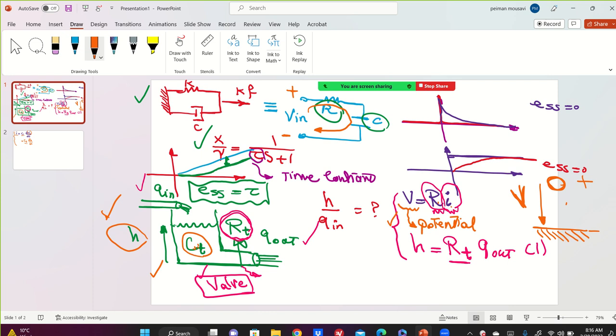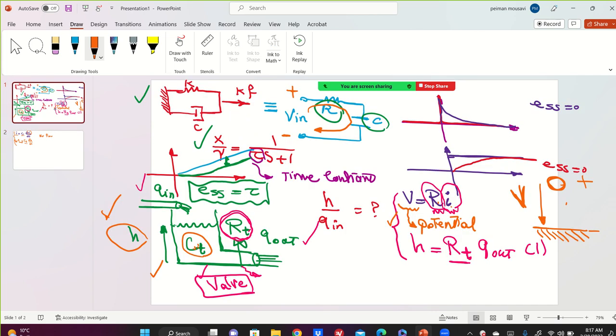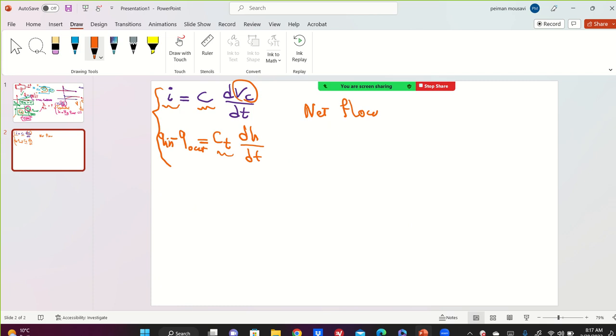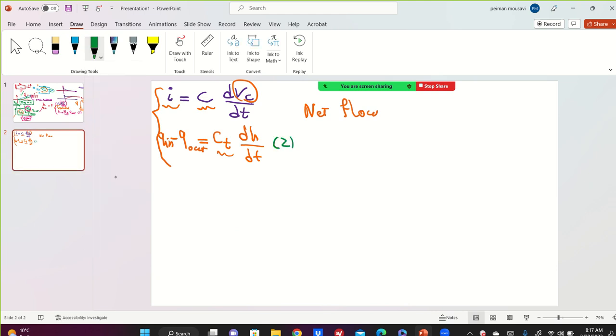Both. So you have to say it is the net flow, which means Q in minus Q out. See what I'm saying? Because in is plus and out is minus, out of the tank. So it is going to be the net flow to the tank. See what I'm saying? Everybody? Yes? So this is relation number 2.